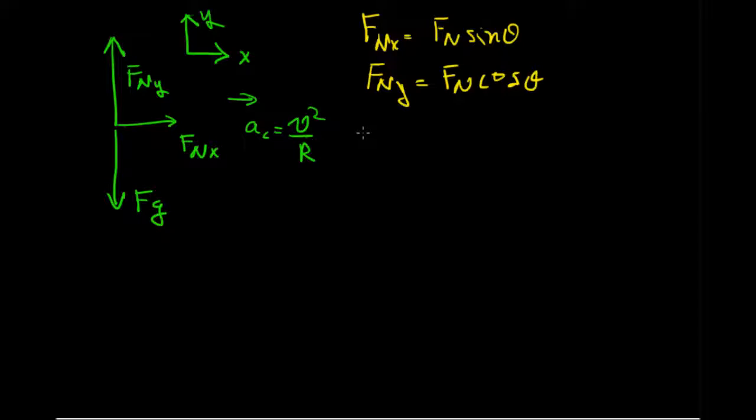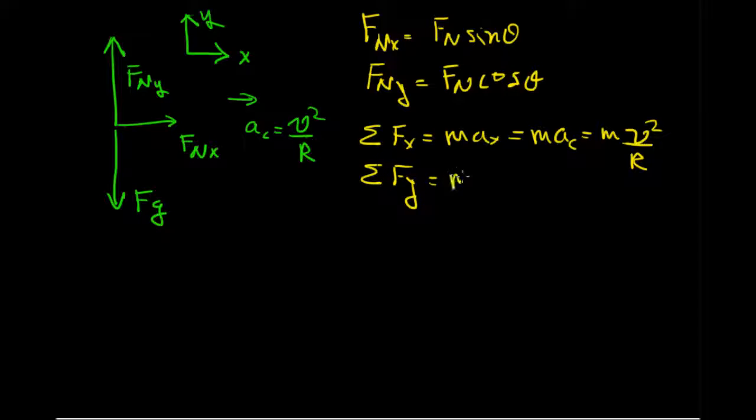And so I can now just plug in, and I can say the sum of the forces in the x direction is equal to ma sub x. That's equal to ma sub c, which is mv squared over r. And then the sum of the forces in the y direction equals ma sub y, and once again that's equal to 0, because we have no motion in the y direction. The car is just going around the circle in the horizontal plane.